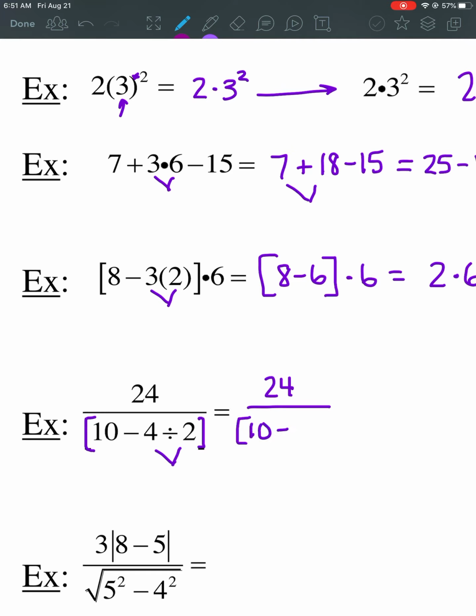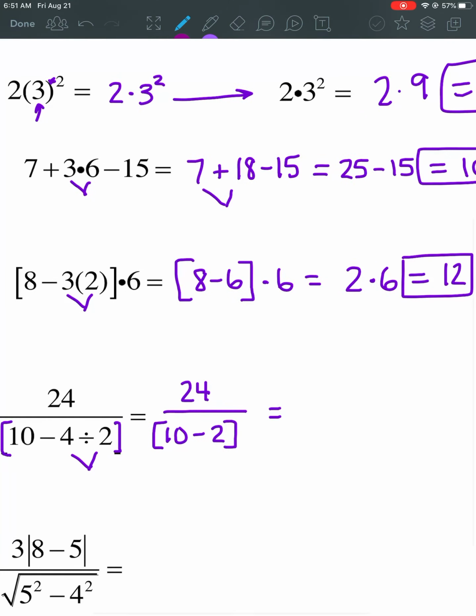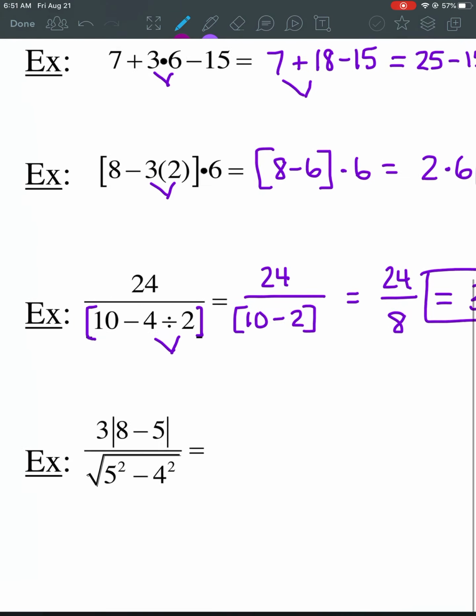And then in our brackets, we have 10 minus 4 divided by 2 is 2. Then we can do the remaining on the bottom, 10 minus 2. So we have 24 over 8. Now we work with that fraction bar, divide. So 24 divided by 8 is 3.